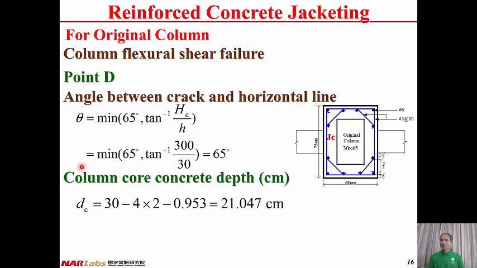And the last point, for the moment nonlinear hinge, point D, theta equal to the minimum of 65 degrees and arctangent Hc divided by H, equal to 65 degrees. And the depth of the core concrete of the original column equal to 21 centimeters.